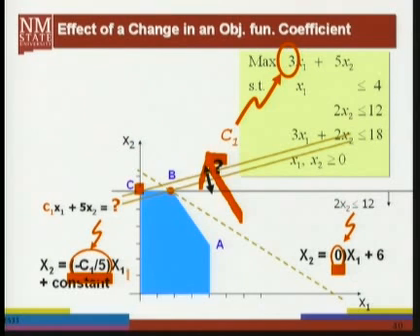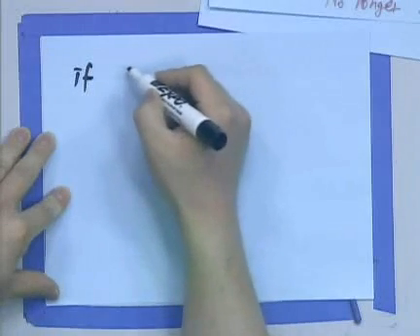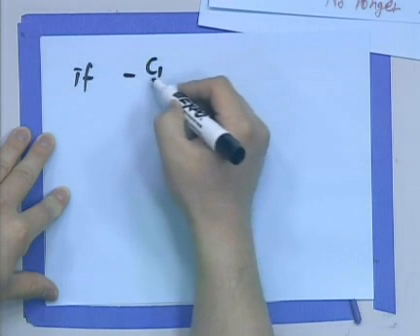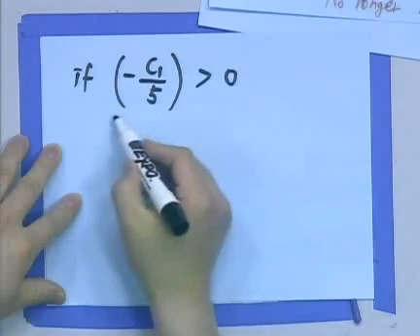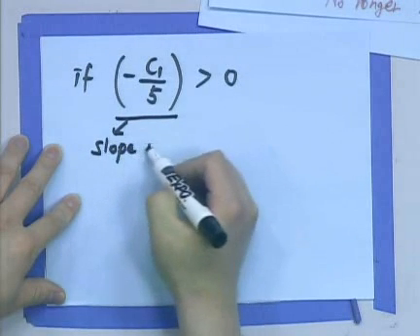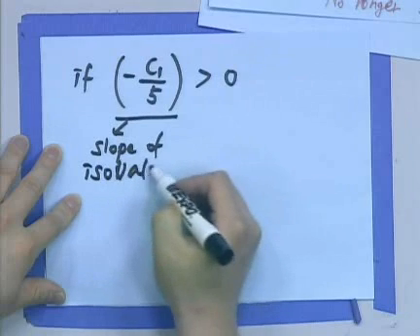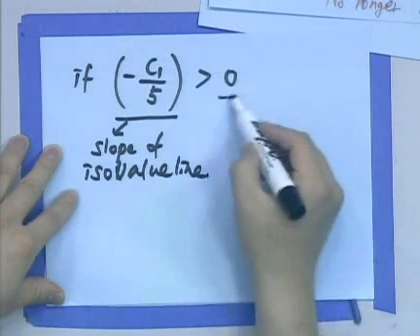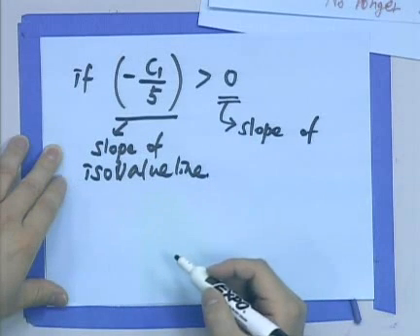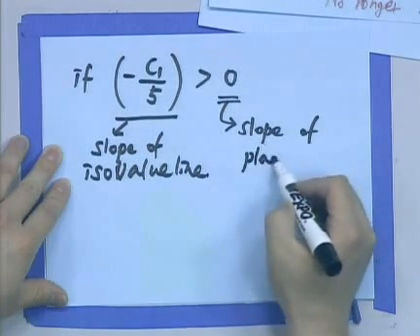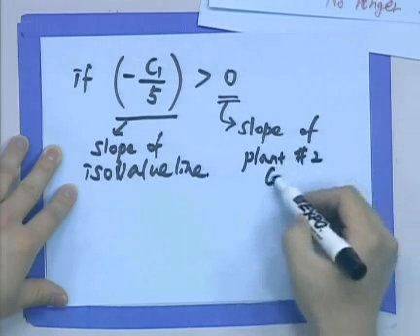So, as we did before, if the slope of the isovalue line, which is C1 over 5, is greater than 0, this is the slope of isovalue line, and 0 is the slope of the plant number 2 constraint, right?